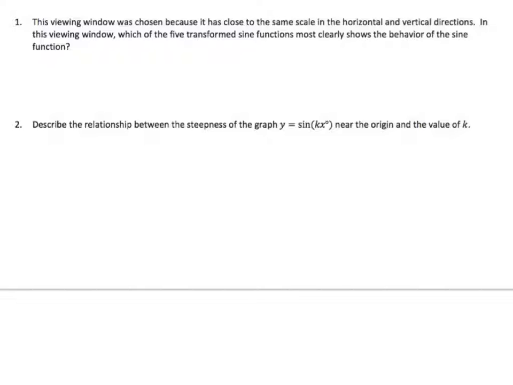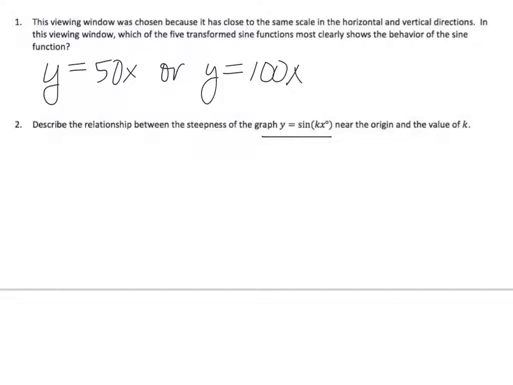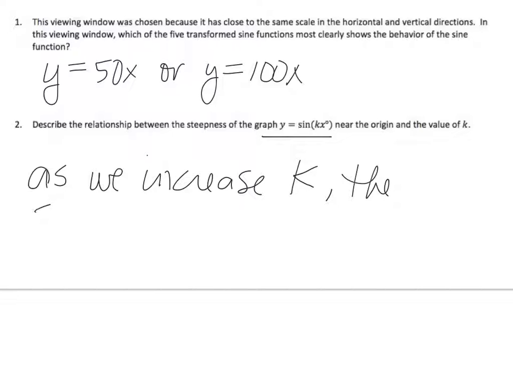I would say y equals sine 50x or sine 100x would be valid answers there, because you could actually see an entire rotation. Describe the relationship between the steepness of the graph y equals sine kx near the origin and the value of k. I would say as we increase k, as k got bigger, the steepness increased too.